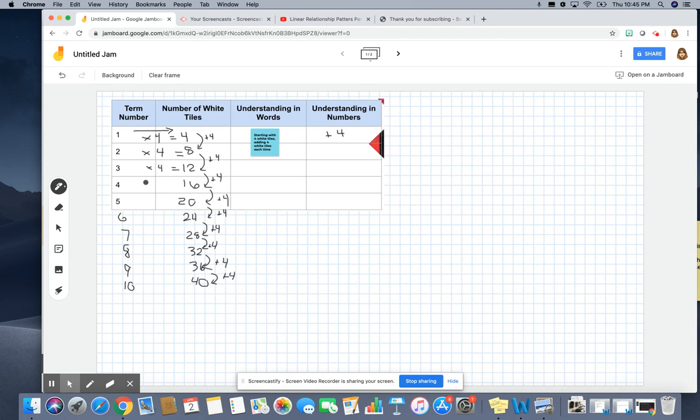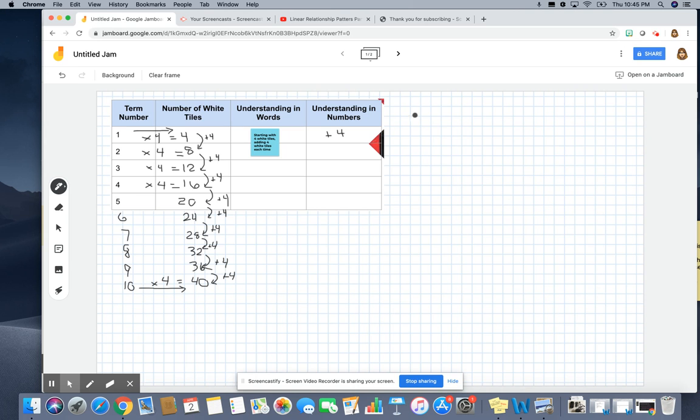So by now we're kind of seeing that besides a pattern that is going downwards, there's also a relationship between the term number and this number of white tiles. So just for fun, let's check, because we know that the 10th term number, if we were to multiply that by 4, that would give us 40.